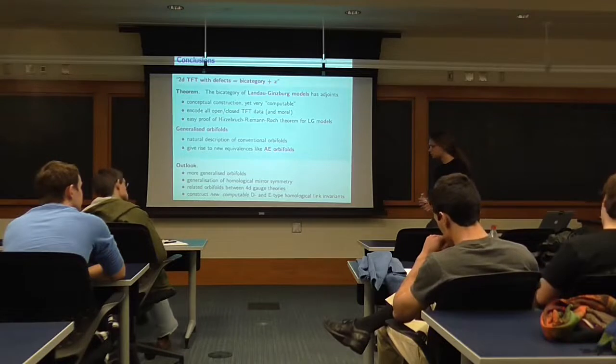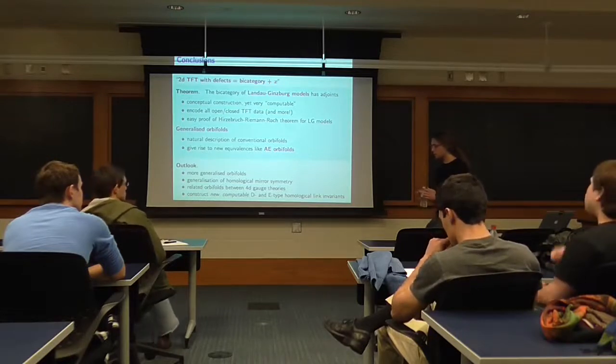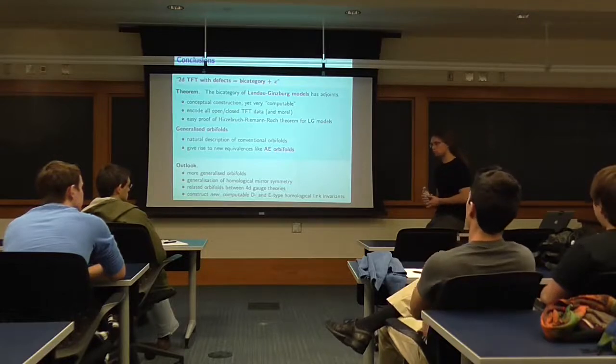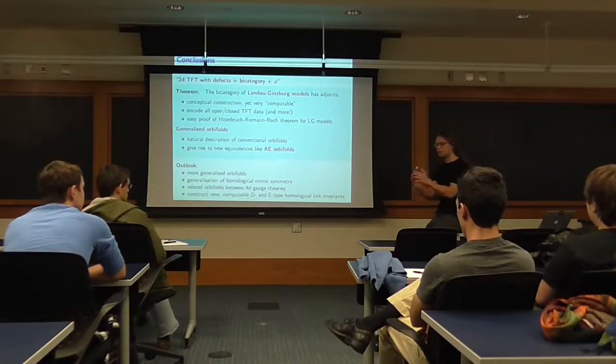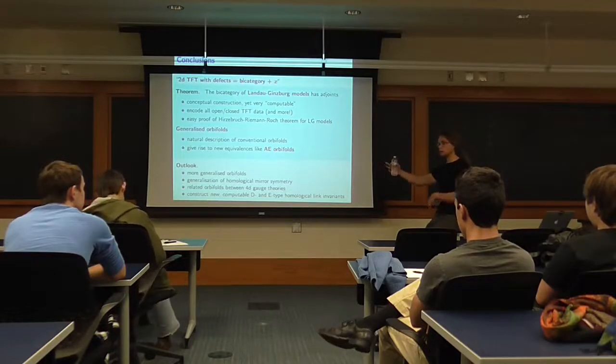Another thing is that one can consider any 2D QFT in a certain approach to QFTs via functors, and find that for any QFT, if you restrict to the topological sector, then you always have a bicategory, it always has the structure.